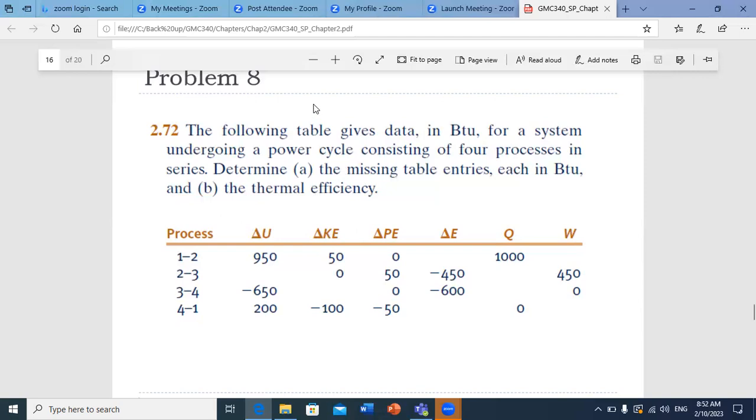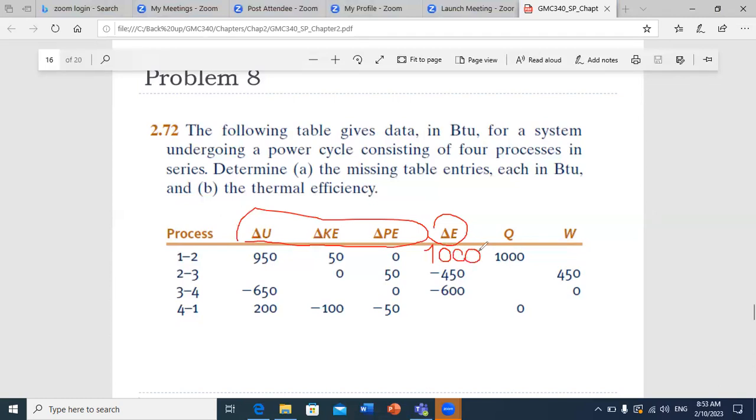So as usual, always for each process, we can say that delta E is the summation of delta U plus delta kinetic energy plus delta potential energy. So here, for example, we should have 50 plus 950, so it's 1000.